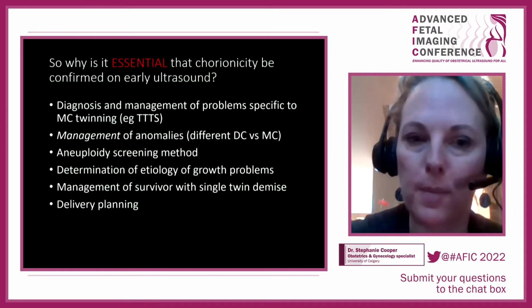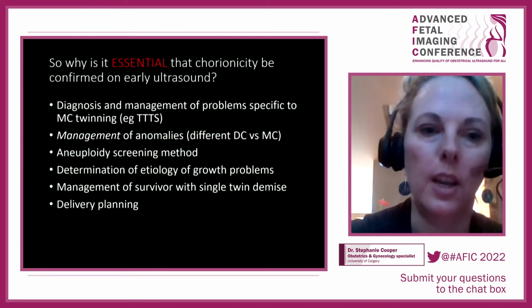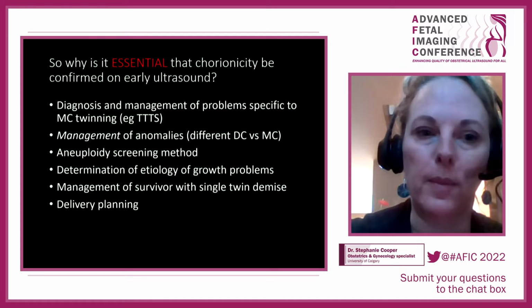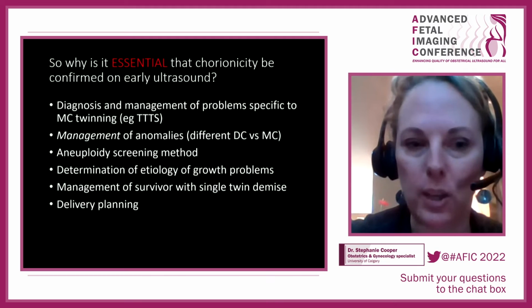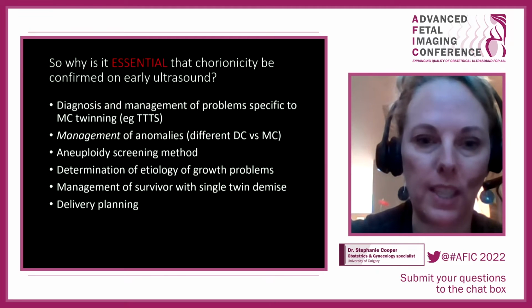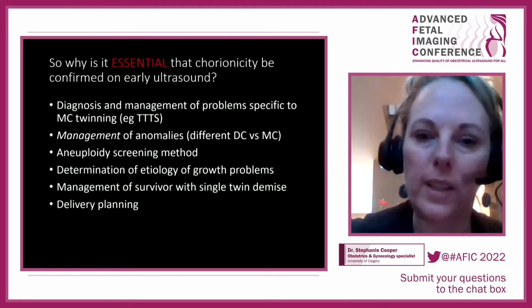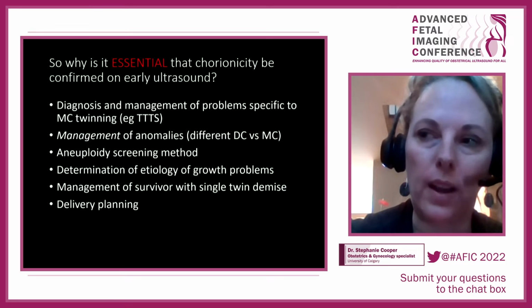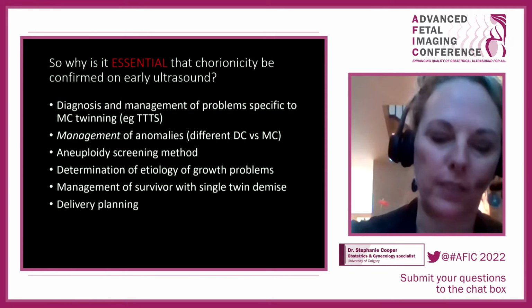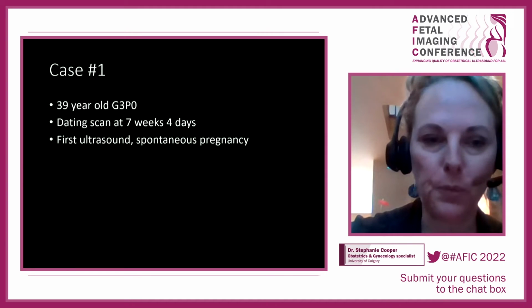If one baby has a very severe birth defect, the option of a selective termination is much more challenging. It affects how we screen for aneuploidy like Down syndrome or trisomy 13 and 18, and determining the cause of growth problems for a baby, which is different if you have a shared placenta versus 2. If you do have a demise, it affects how that pregnancy is managed as well, and also delivery planning, because we deliver monochorionic twins earlier.